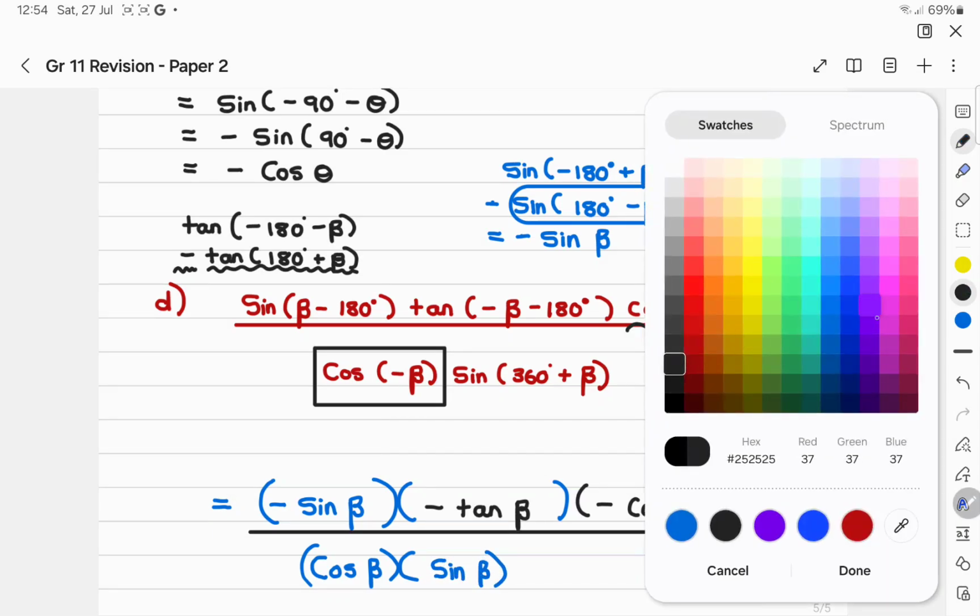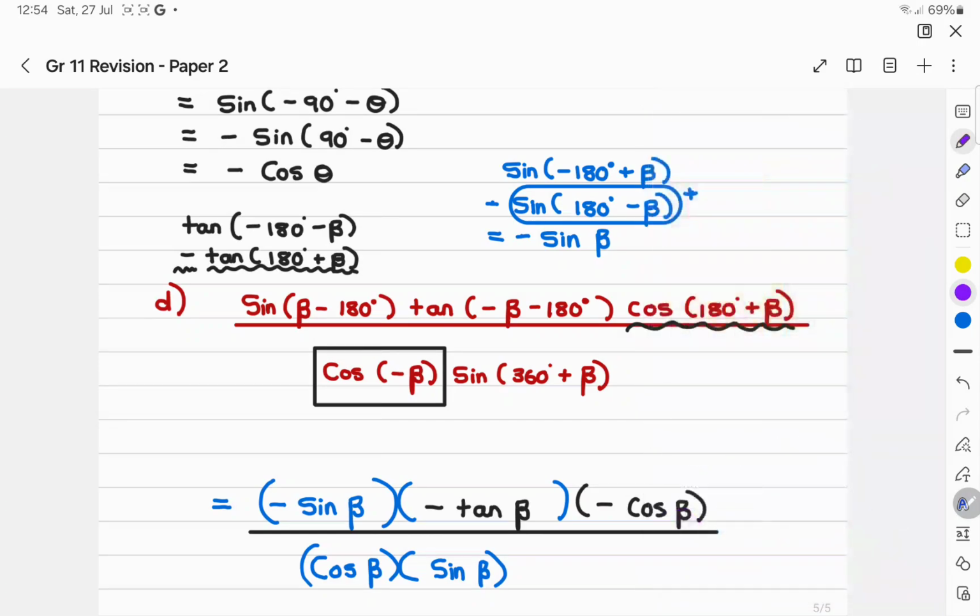Okay, and now we can delete. I always like to do the signs separately. A negative times a negative is a positive, times a negative is a definite negative. The sine beta and sine beta cancel out. The cos beta and the cos beta cancel out. And the only one left is tan beta.